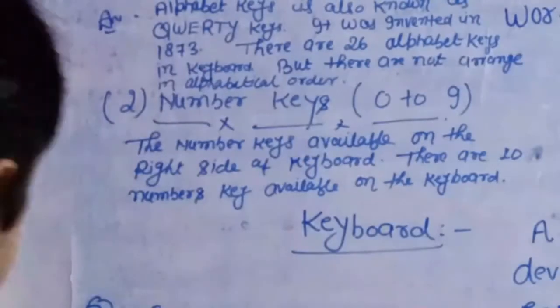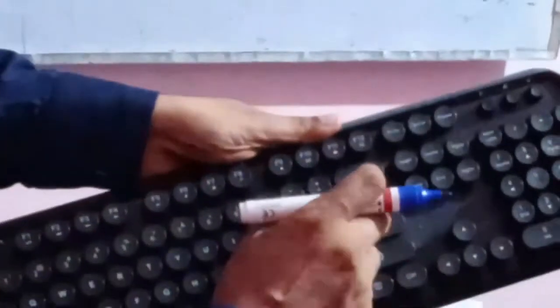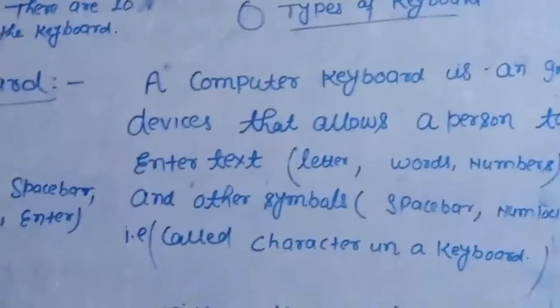And the last point, the special key. Special keys include the space bar, caps, enter, this is the shift key, this is the enter key, this is the backspace, this is the delete. All of these are related to special keys.